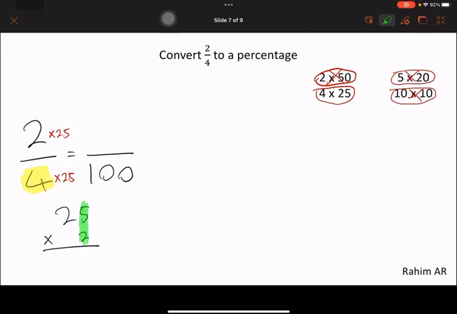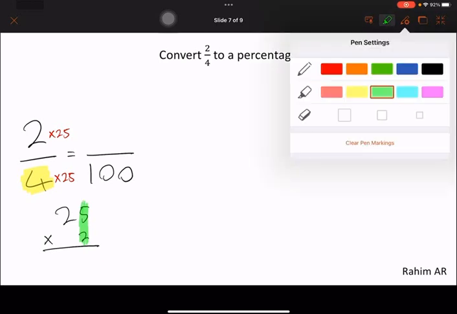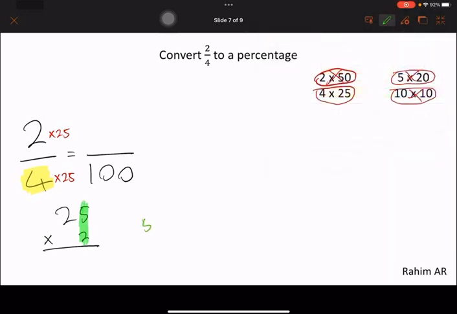We start here, 5 times 2. So 5 times 2 equals 10. Since we have a 2-digit number here, we put down 0 here and put 1 at the top of the next number.